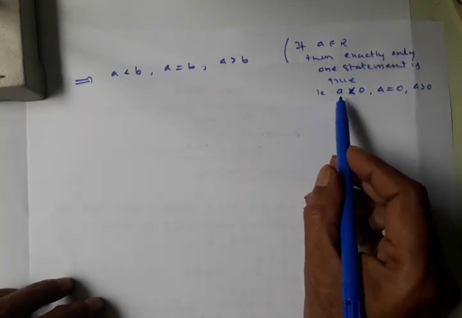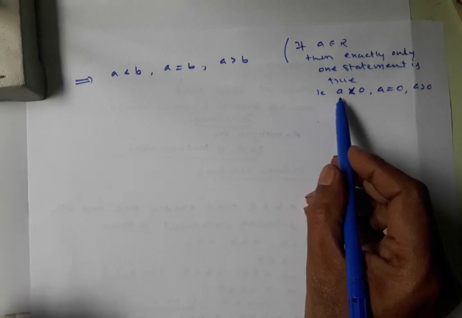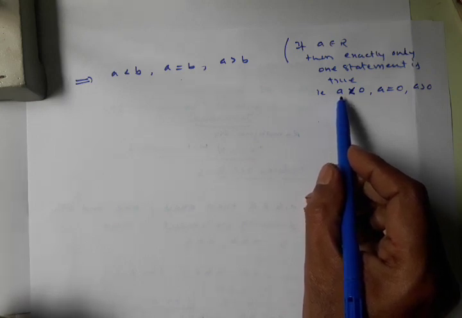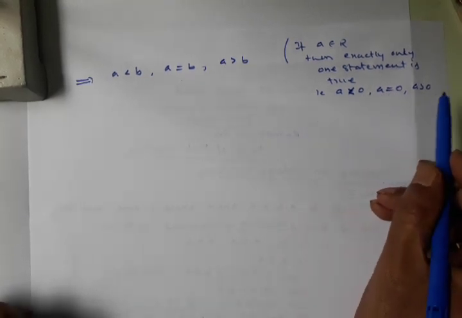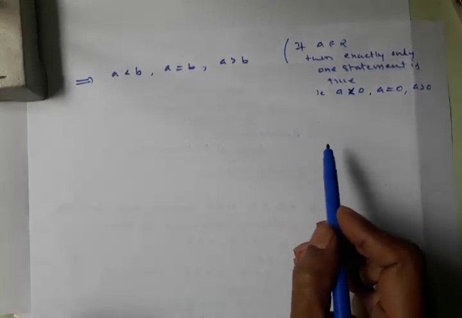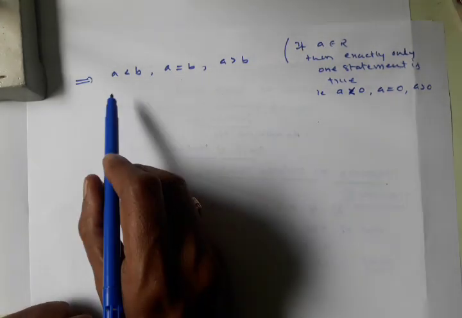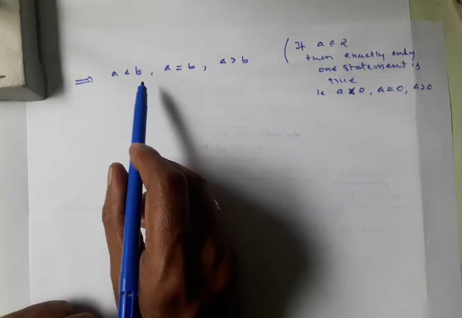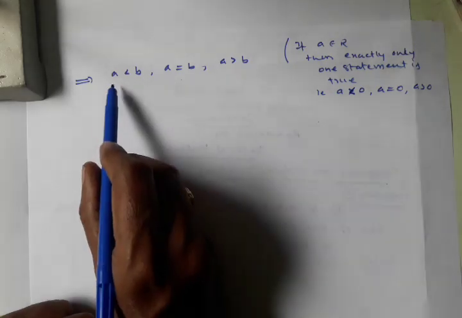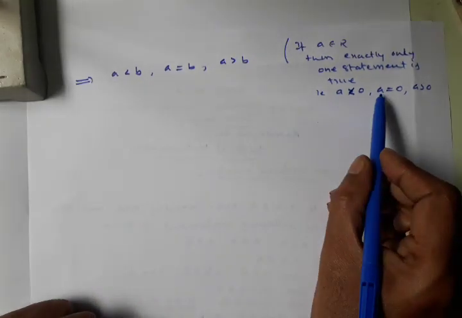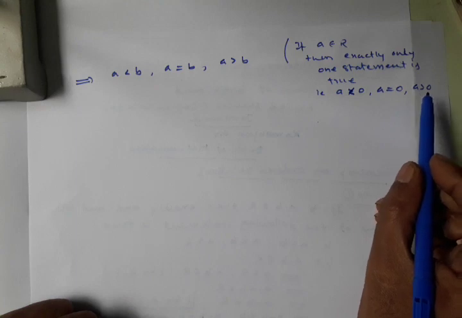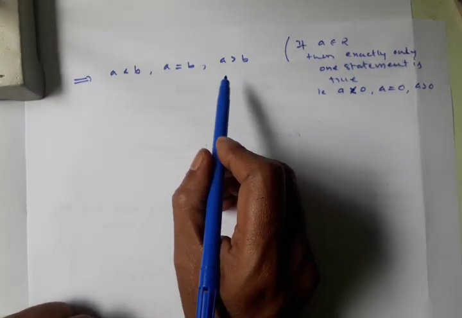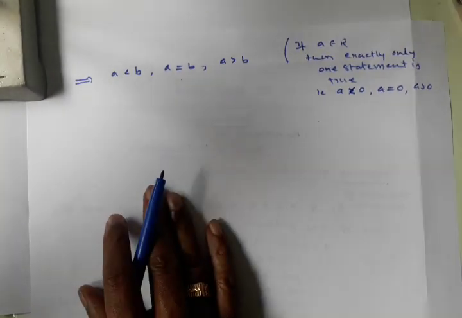So in place of A we have A minus B. A minus B less than 0, A minus B equal to 0, A minus B greater than 0. Automatically that implies A is less than B, as A minus B is less than 0. A minus B equal to 0 means A is equal to B. A minus B greater than 0 means A is greater than B. So this is true.